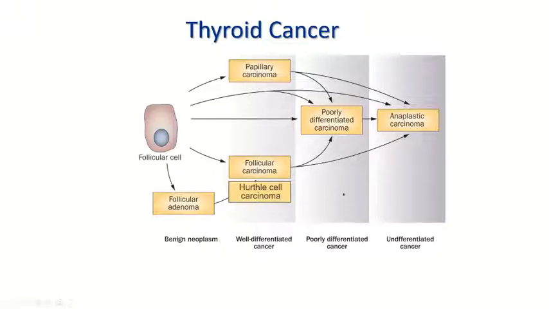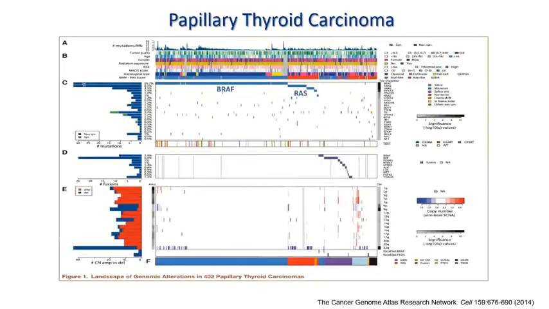And we know that overall, with the loss of differentiation that we see morphologically, there is a very well-known loss of radioactive iodine avidity. But we need to focus on the group of well-differentiated cancer, in order to really try to sort out what markers we can use to predict the response to treatment in these tumors.